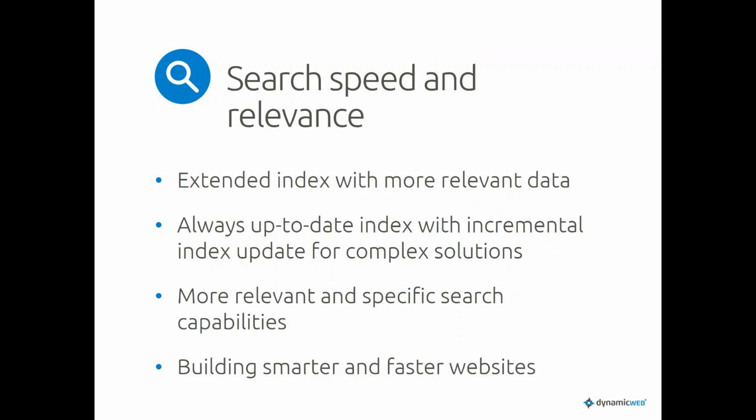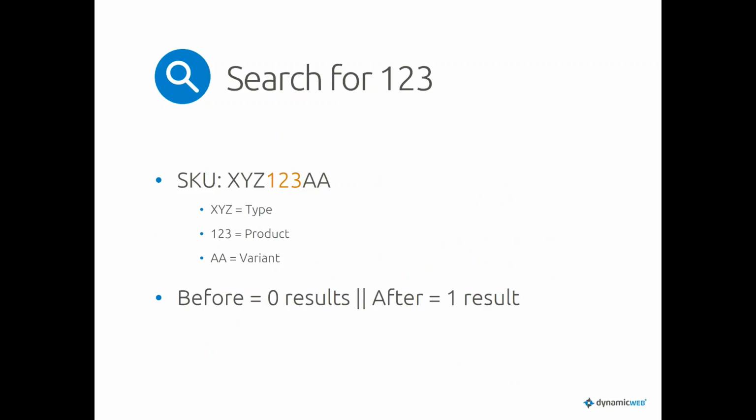So all of this can be used to build a smarter and faster website, because you can utilize the search engine to make a better experience. An example, one of the things that you can do now, if you have these SKUs that cover maybe different types of products and variants in groups, we usually see a system in how things like SKUs are put together.